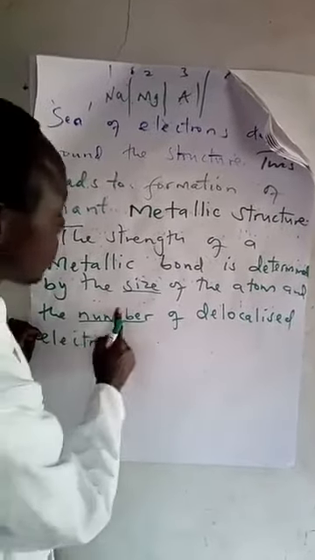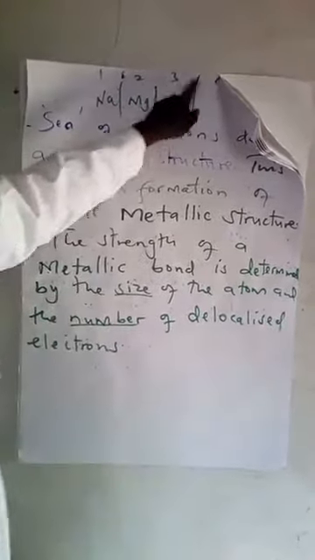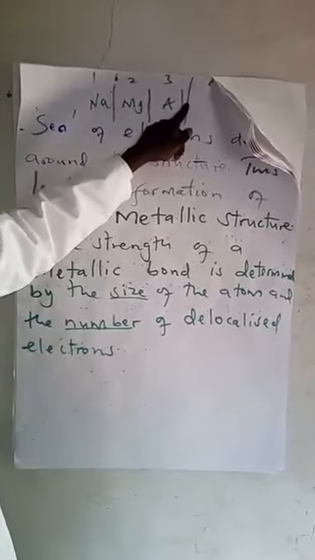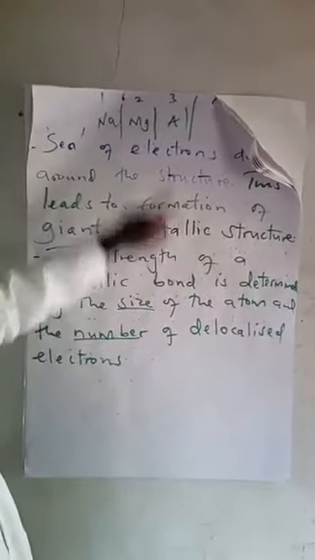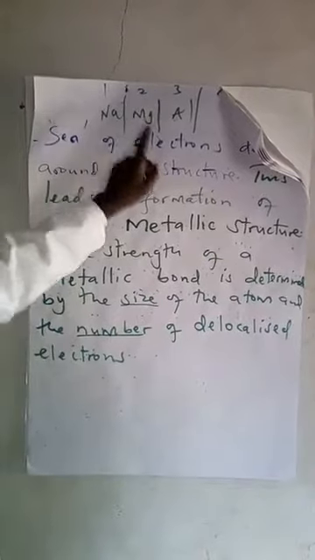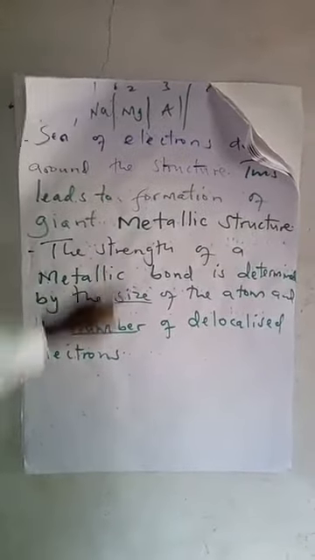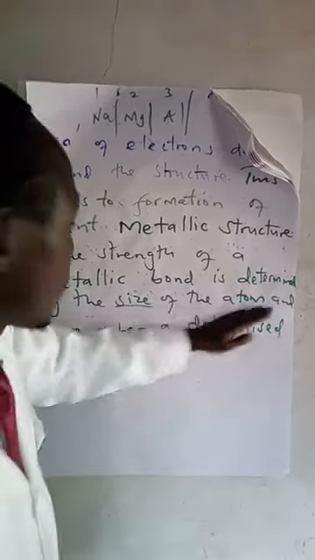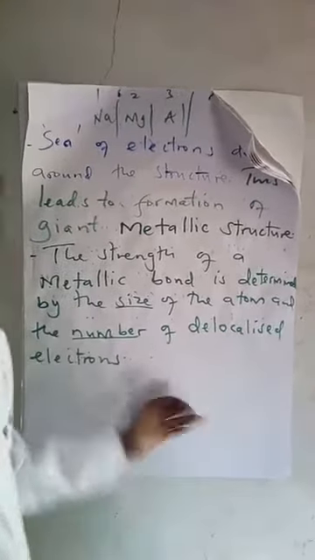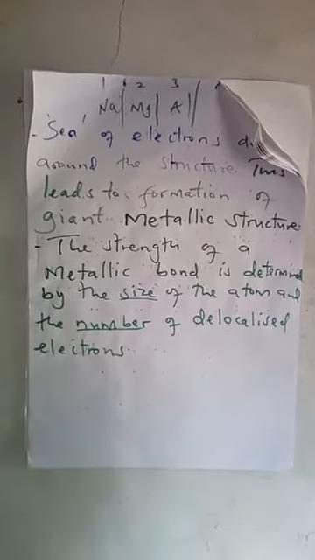So that means aluminium will have a stronger metallic bond than magnesium, and magnesium will have a stronger metallic bond than sodium. The reason is the size of the atom and the number of delocalized electrons.